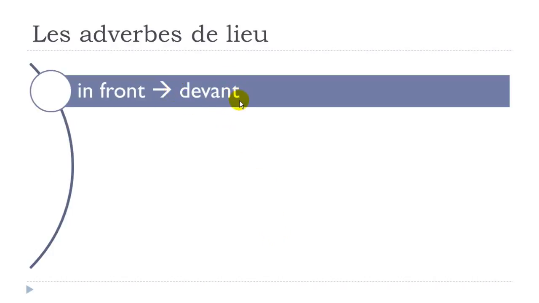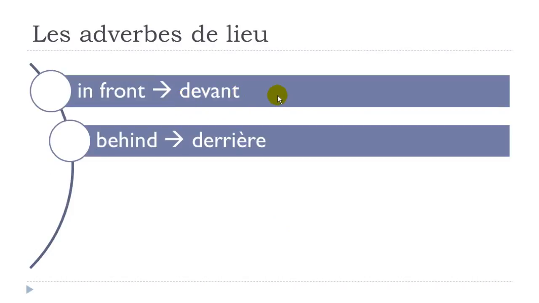Devant. Final T not pronounced. Devant. Derrière. If you look carefully, you've got the double R, so it will open the sound and you should pronounce it. Same thing here, you've got this accent grave, derrière.